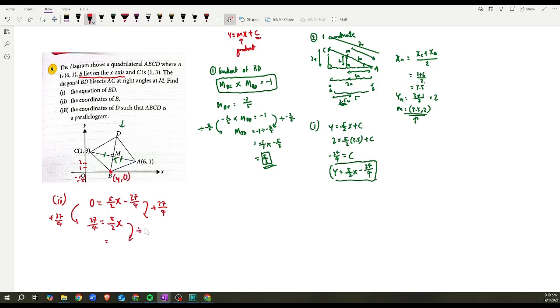Divide by 5 over 2 on both sides to find x. So 27 over 4 divided by 5 over 2 is 27 over 4 times 2 over 5. And that tells us that x is 27 over 10. Okay, so the coordinates of B is 27 over 10, comma 0.